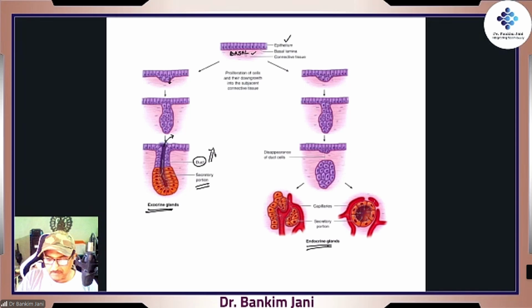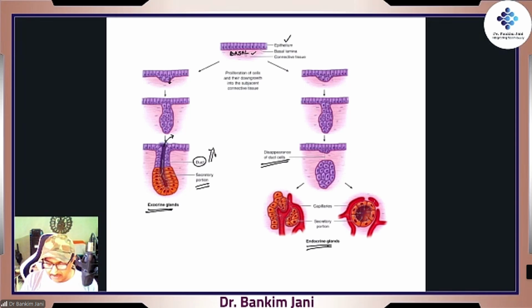When it comes to, say, endocrine, see the proliferation. Again, this proliferation is from epithelial cells only. It grows, and then there is disappearance of duct cells. They go into the state of what's called as the apoptosis. So they degenerate. So thus it is disconnected.